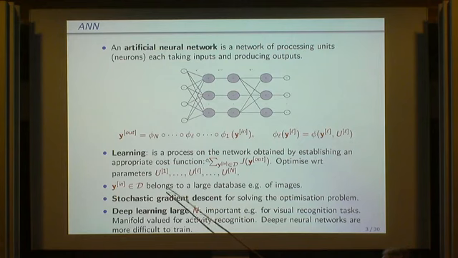So this is the artificial neural network, but if you want to do learning with artificial neural networks, what you need is a cost function. You establish a cost function that depends on the output of the neural network, and it's a sum over all possible inputs.